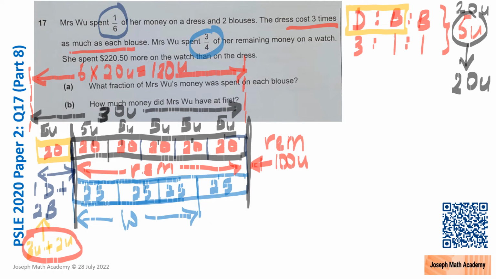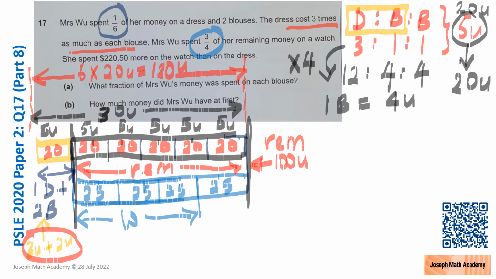It must match our latest update. So now the original ratio needs to be multiplied by 4. So this is 12, this is 4, this is 4. So one blouse is actually 4 units. Right, so one blouse is 4 units out of the total money that she has, which is out of 120 units.